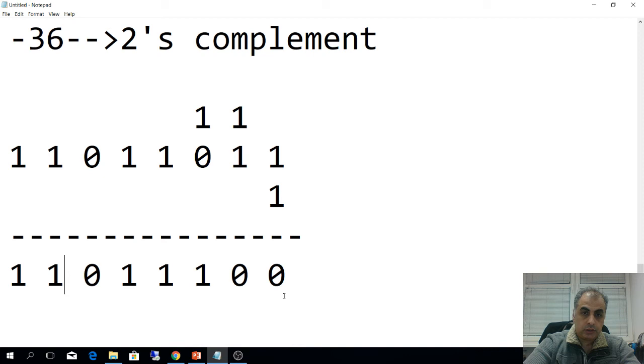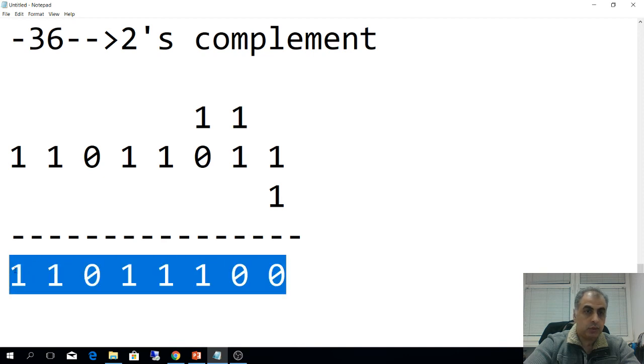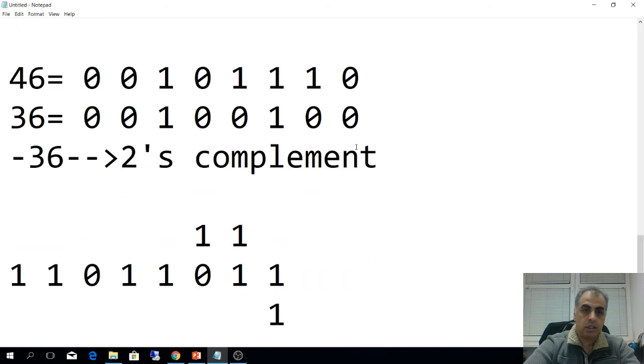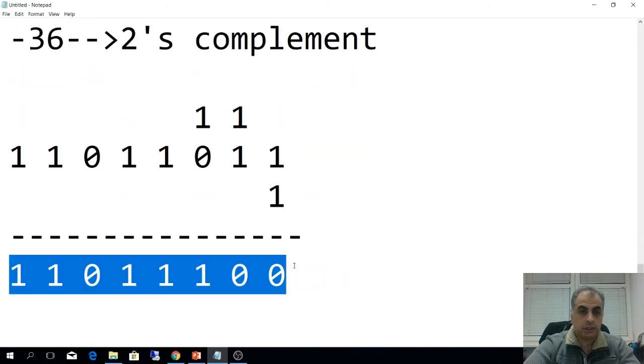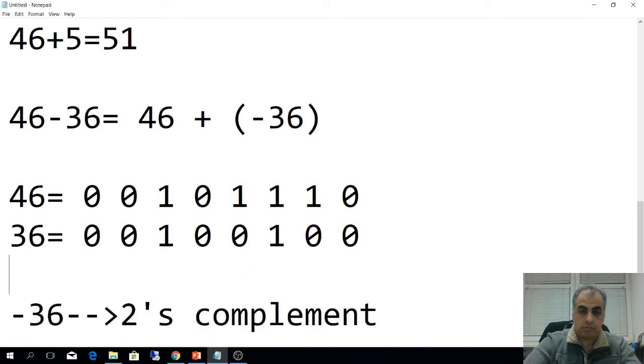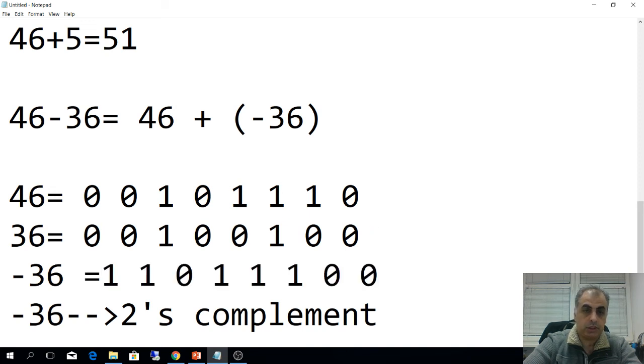So what is this? This is the 2's complement of minus 36. In other words, minus 36 is equal to this number.